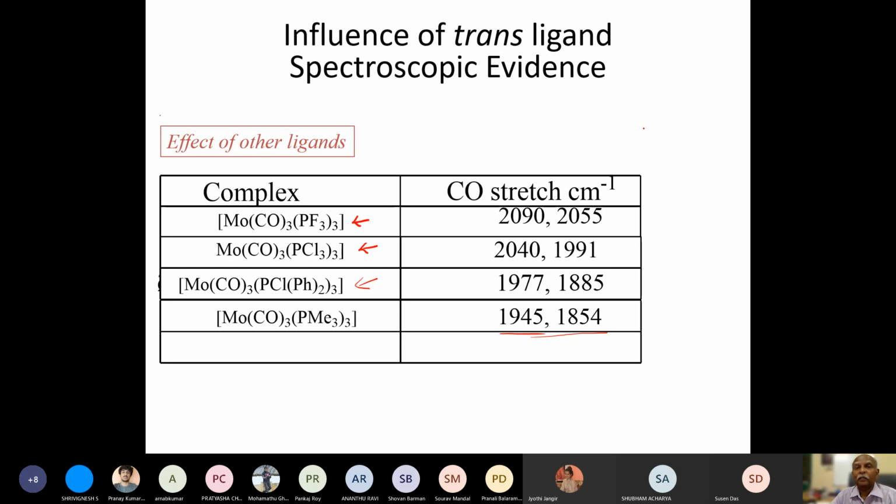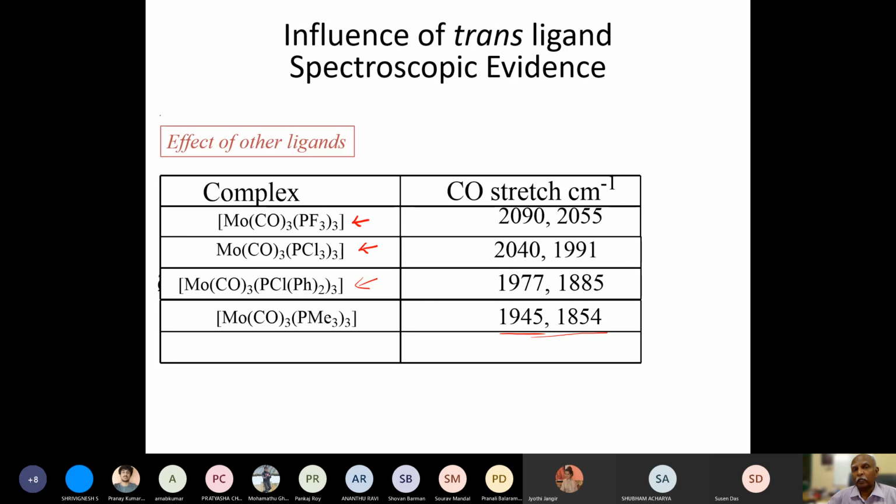So you're able to make PF3 complexes, and what you find is that all of them are in fact FAC isomers. And if you look at the stretching frequency, the stretching frequency keeps decreasing. For the carbon monoxide, the stretching frequency keeps decreasing as the electron donor ability of the phosphorus increases.